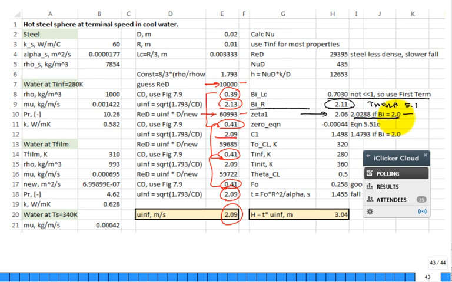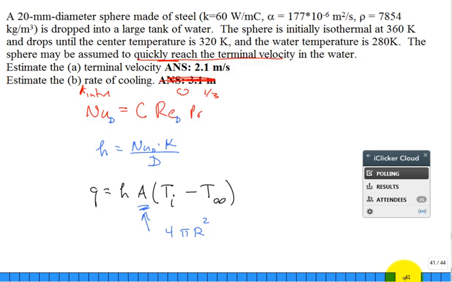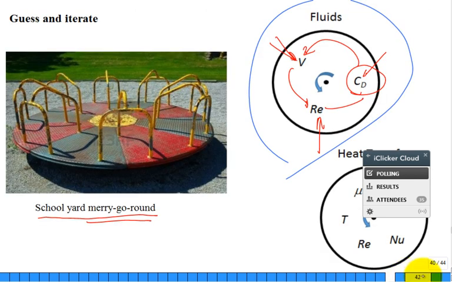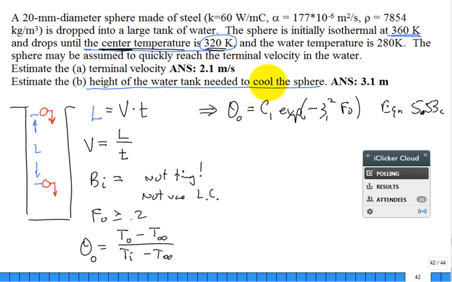So you can check, okay. And then you're going to need the C1. So you get these two values out of the table. So you got the C1 and the zeta 1 from the Biot number.